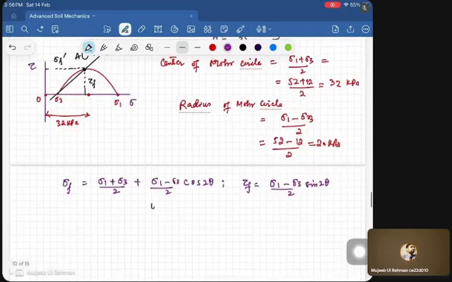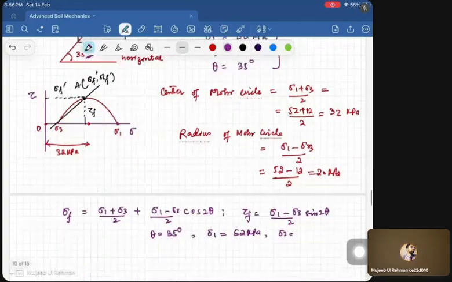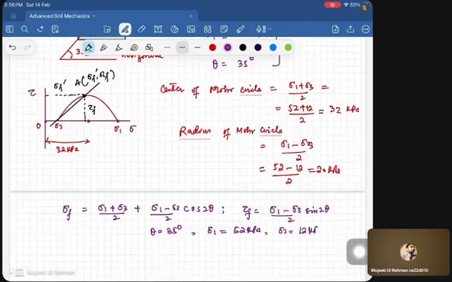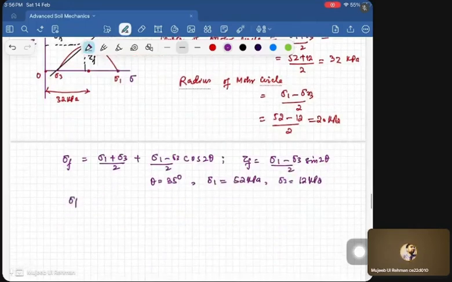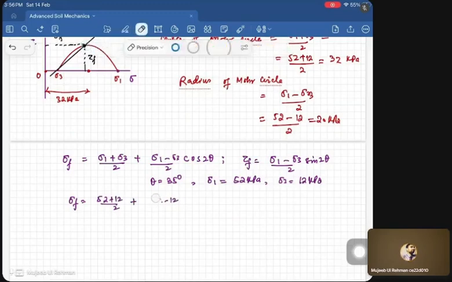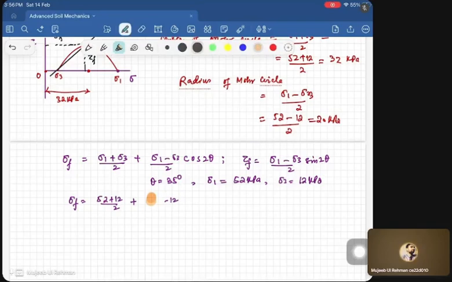Theta here is 35 degrees, and sigma 1 is 52 kPa, and sigma 3 is 12 kPa. Therefore sigma f will be 52 plus 12 by 2 plus 52 minus 12 by 2. 2 theta means 70 degrees, correct?